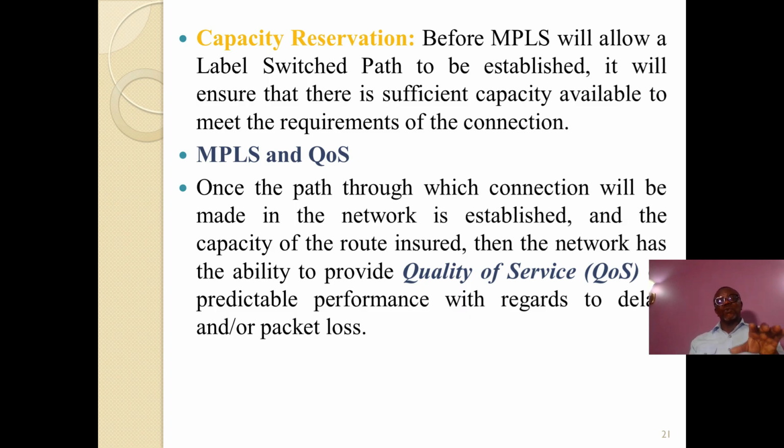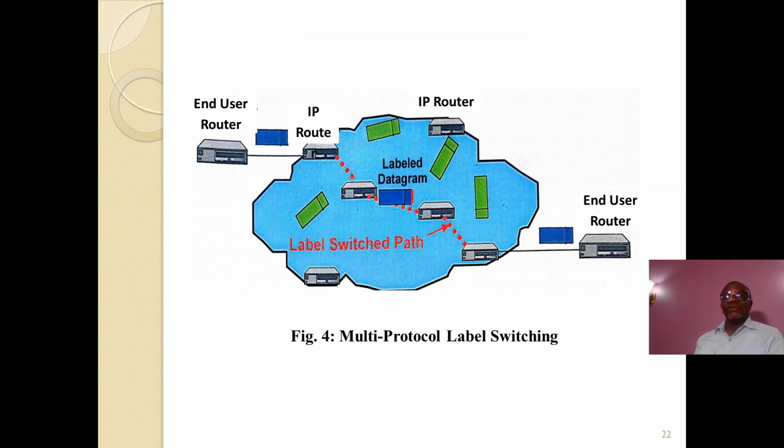That is when your system is able to provide quality of service and predict performance. When it predicts performance and guarantees quality of service, you say that there is a service level agreement, and that SLA has been met. So we have looked at that diagram, the fig 4. You see how it goes.